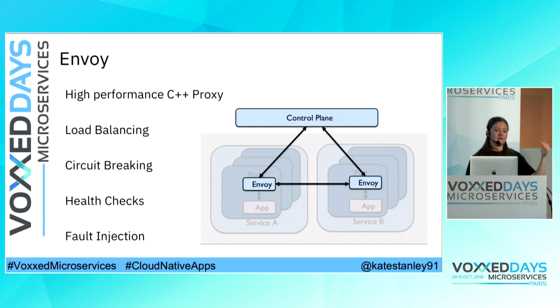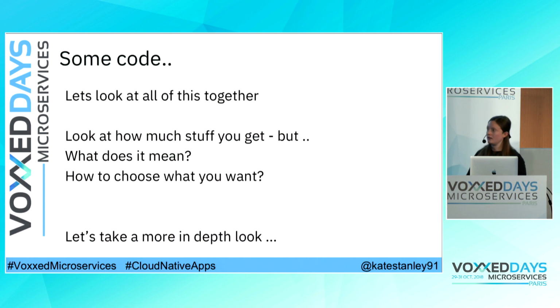It can decide whether to retry that request, whether to just return and fail fast. And of course, at the bottom there, it can add some fault injection as well. So this is the really powerful thing about Istio, it's intercepting all of this traffic, and that gives it a lot of power.